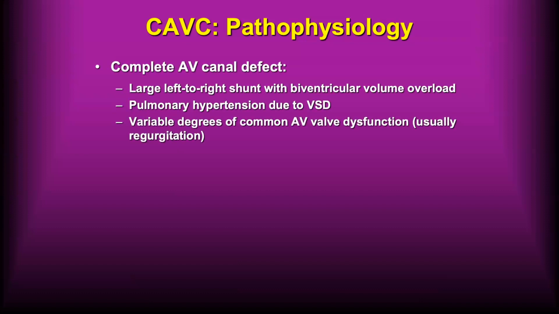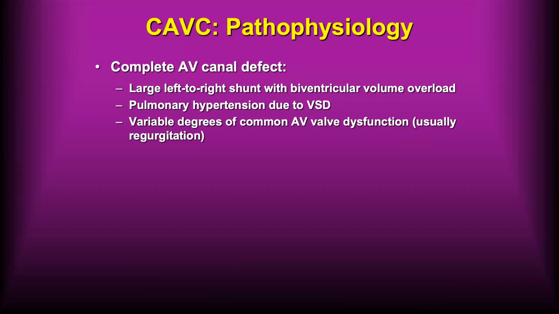With the complete AV canal defect, a large left to right shunt with a biventricular volume overload. That's because we've got the VSD. Pulmonary hypertension from the VSD, increased flow through the pulmonary circulation will create that.